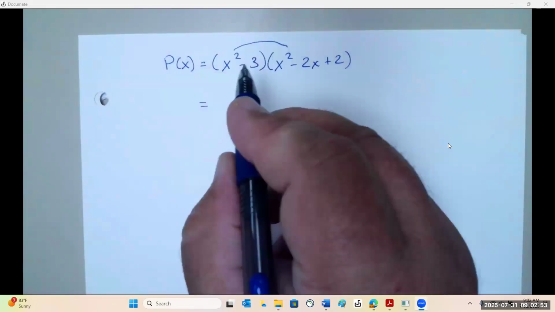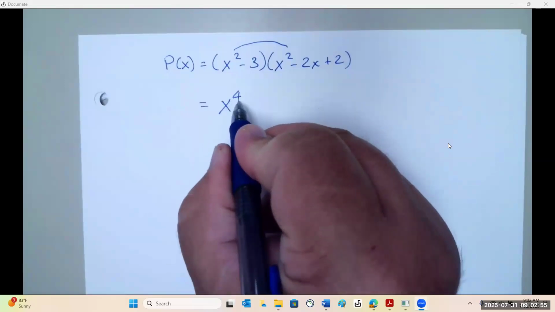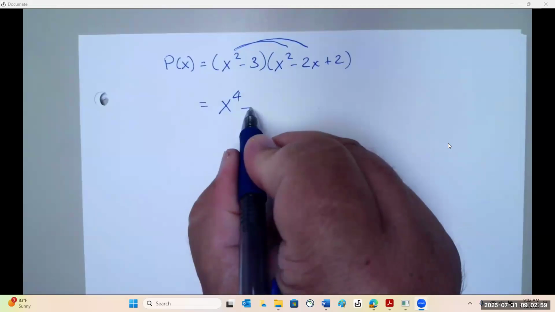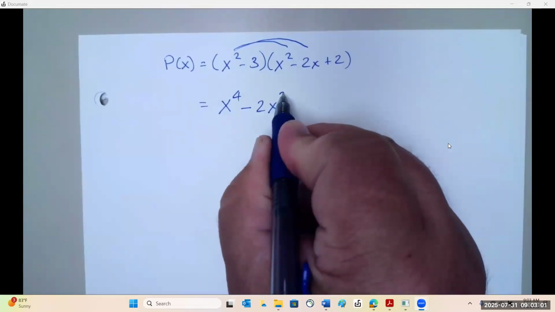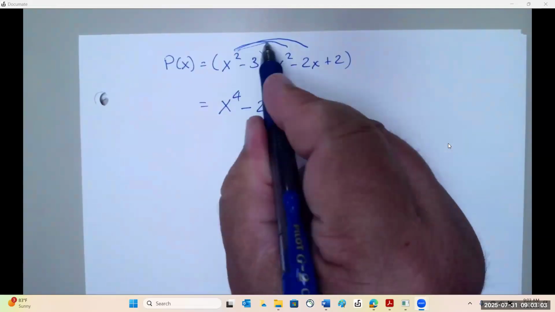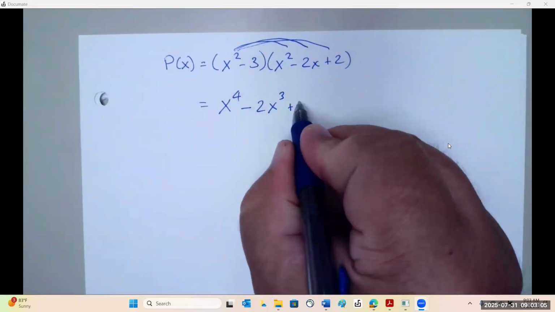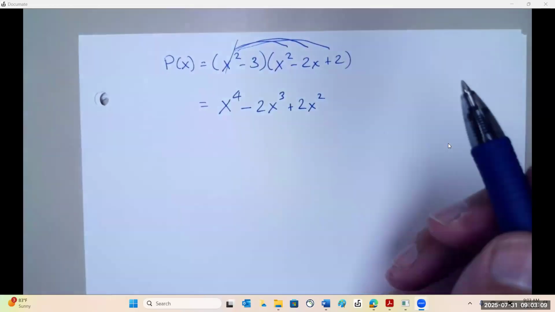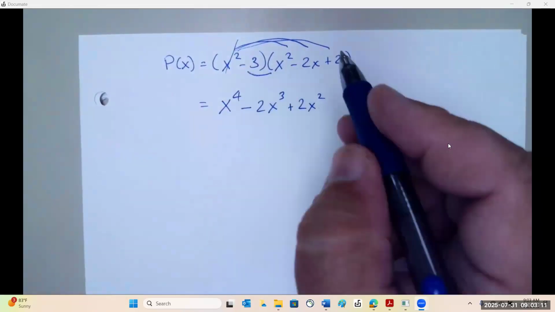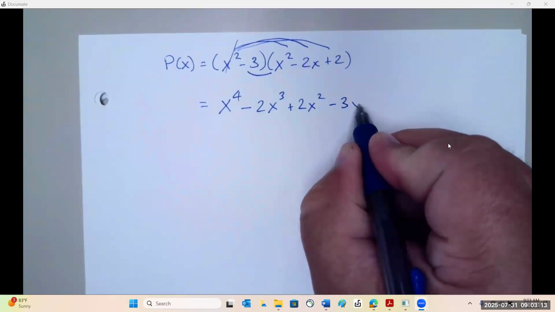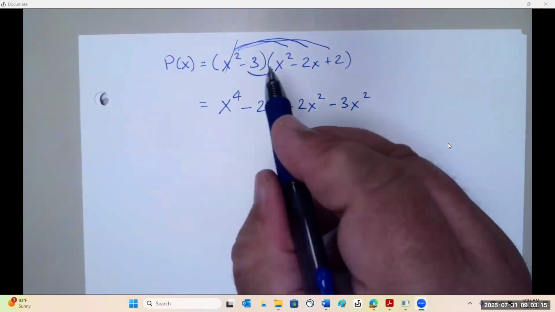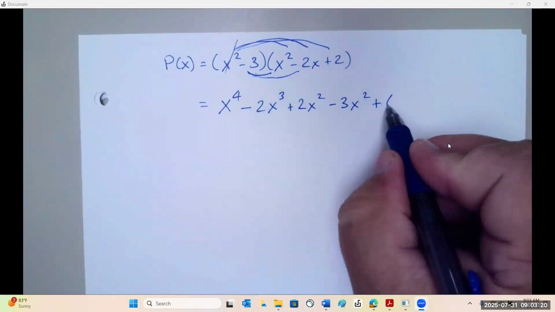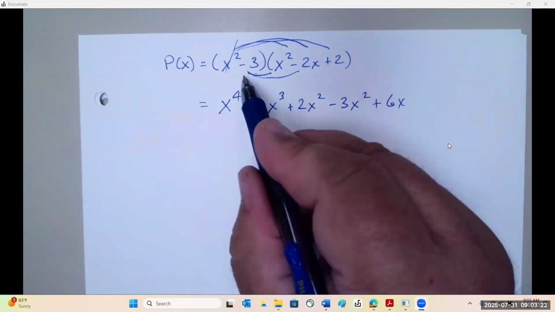x squared times x squared is x to the 4th. x squared times negative 2x is negative 2x cubed. x squared times positive 2 is positive 2x squared. That one's done. Negative 3 times x squared is negative 3x squared. Negative and negative makes it a positive, 3 times 2 is 6x.